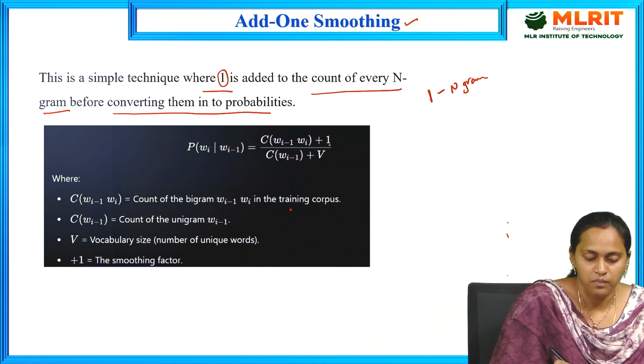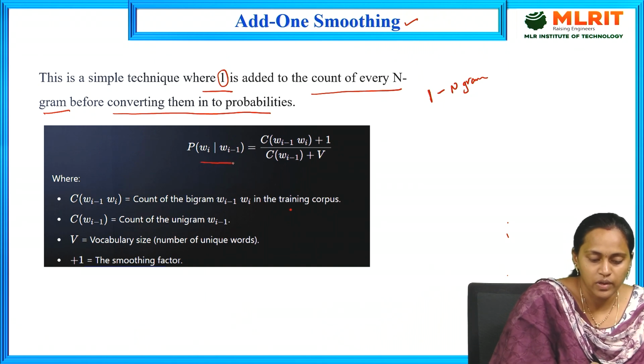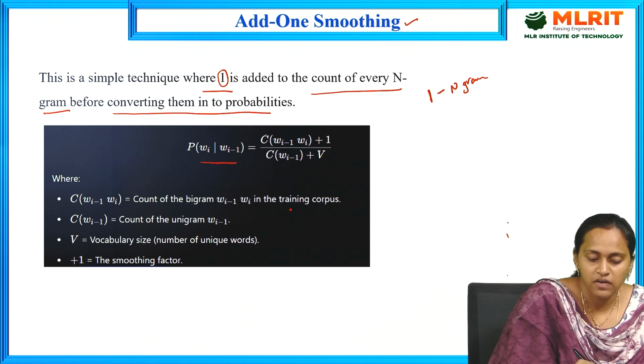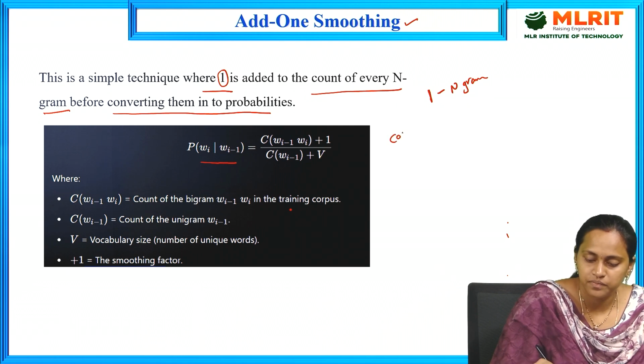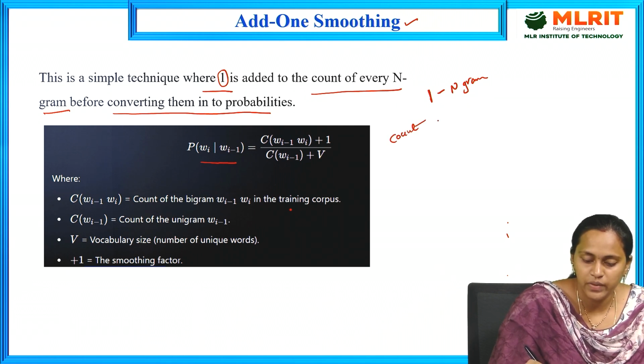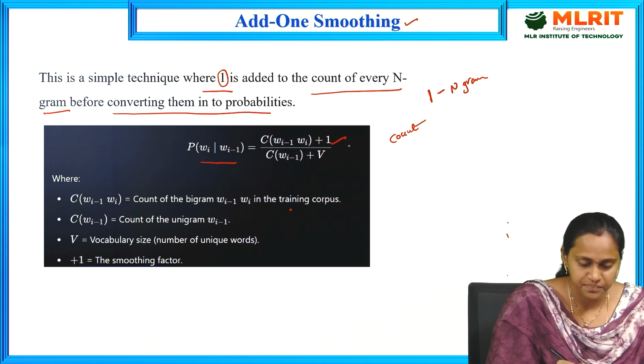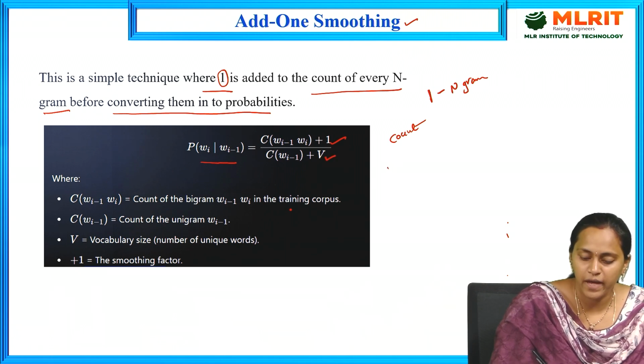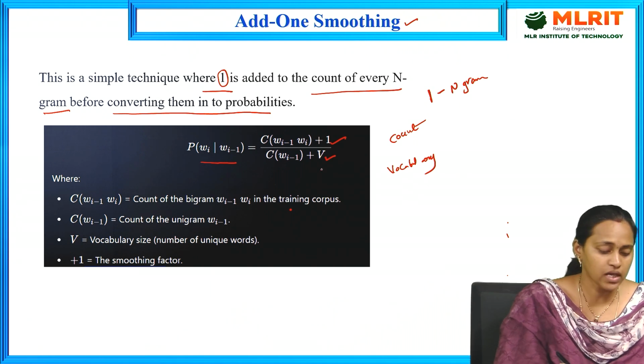The formula is probability of Wi given Wi minus 1 equals C of Wi minus 1, Wi plus 1, divided by C of Wi minus 1 plus V. Here V is the vocabulary.